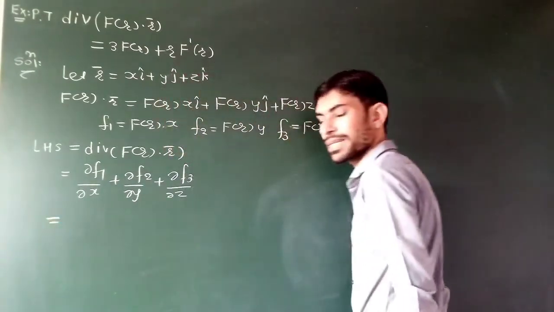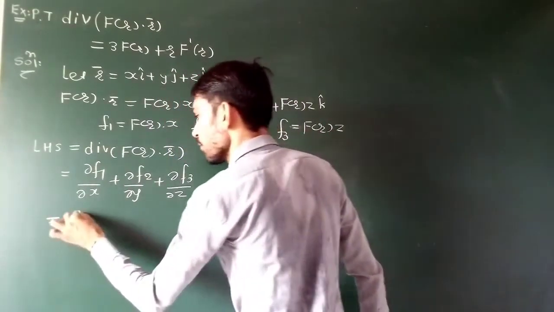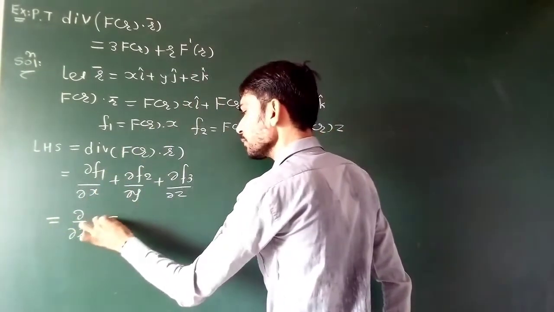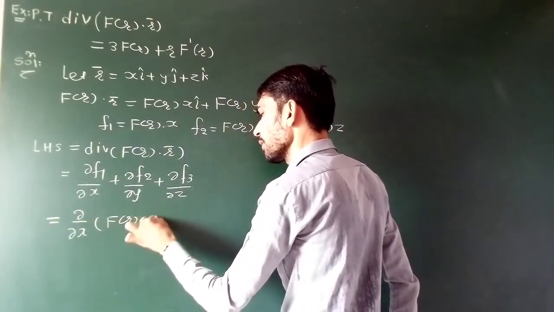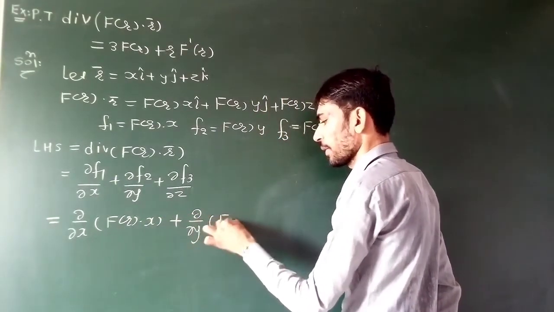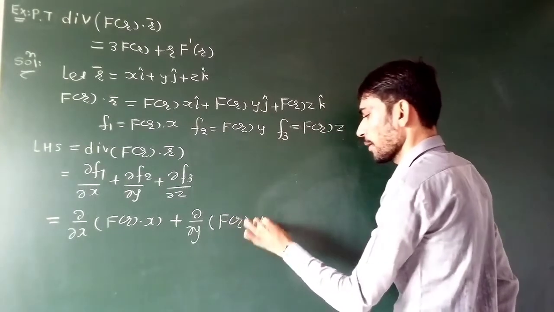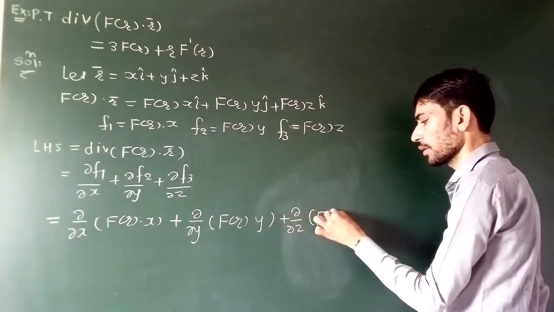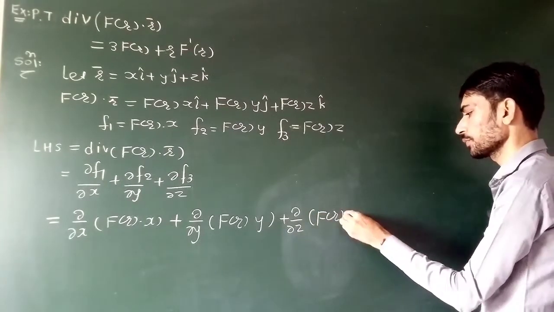So here we are doing partial derivative of f1 with respect to x. That means we write del upon del x of our f1 term, capital F of r into x, plus del upon del y of capital F of r into y, plus del upon del z of capital F of r into z.